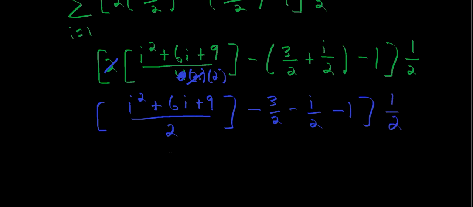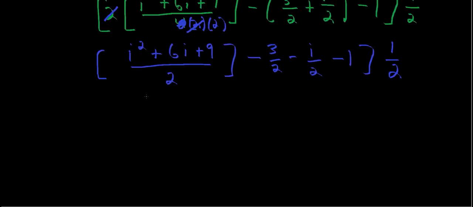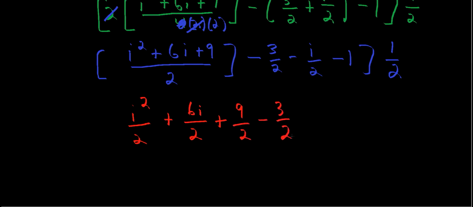Alright, now let's just have everything on its own denominator. I squared over 2, I'm just breaking up each one of these terms, plus 6i over 2 plus 9 over 2 minus 3 halves minus I halves minus 1, all multiplied by 1 half.